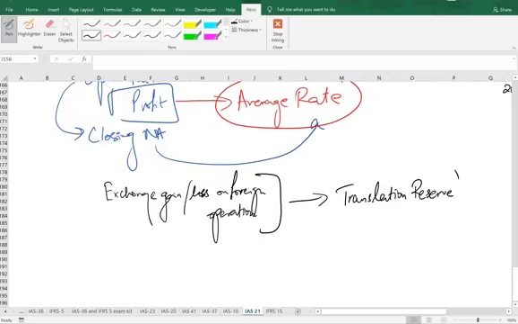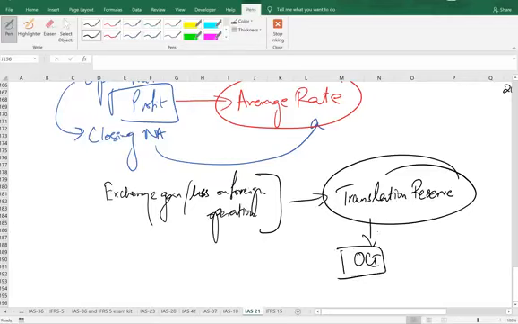And this translation reserve is made part of OCI. You get what OCI is? Other comprehensive income.